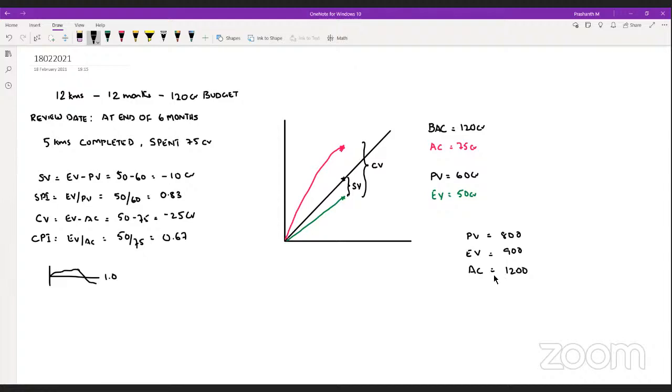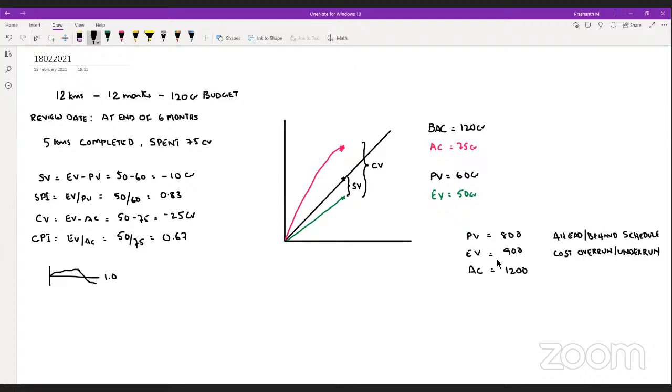So what is the status of the project? You have to tell it in terms of ahead or behind schedule. It is ahead actually because EV is greater than PV. Cost overrun or underrun. Cost overrun. Using this terminology, you can tell the status of the project.